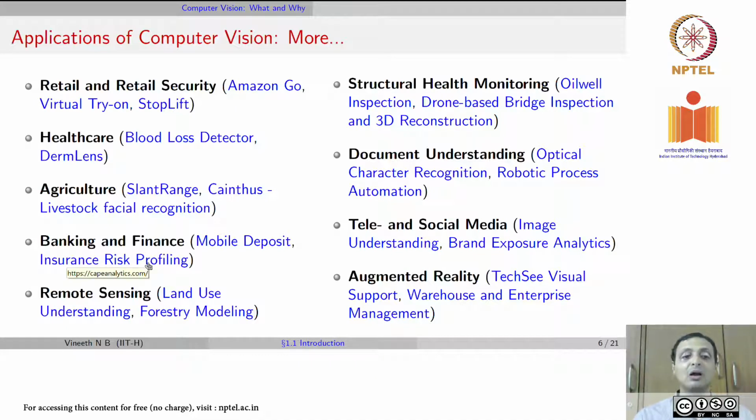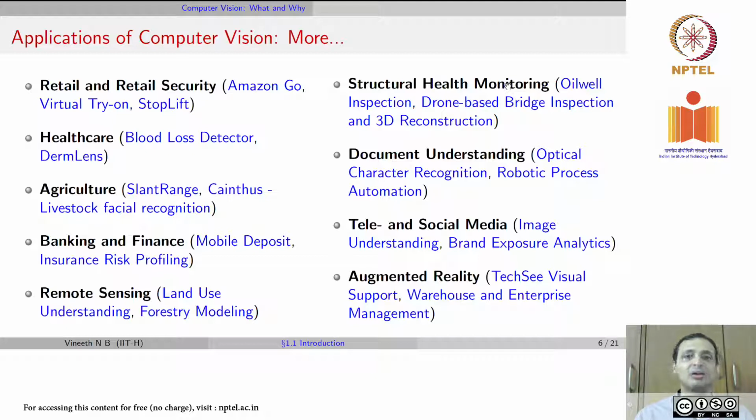Insurance risk profiling, remote sensing, where you do land use understanding using satellite imagery, or forestry modeling using drone or satellite imagery. Structural health monitoring, a very important application today, where you can do oil well inspection or drone-based bridge inspection or 3D reconstruction, or try to understand the health of railway tracks using drone imagery, and so forth.